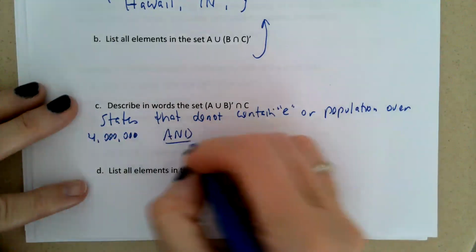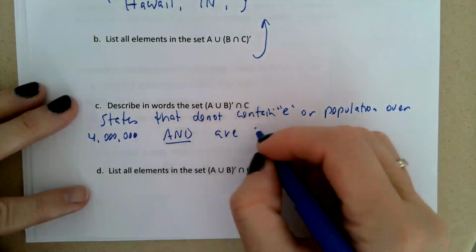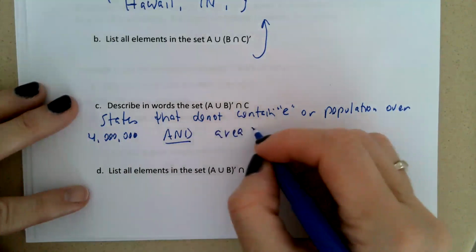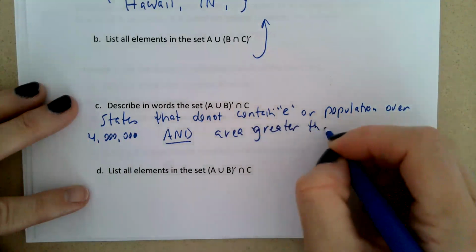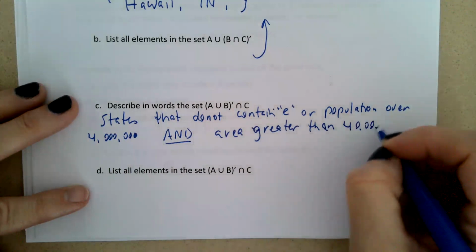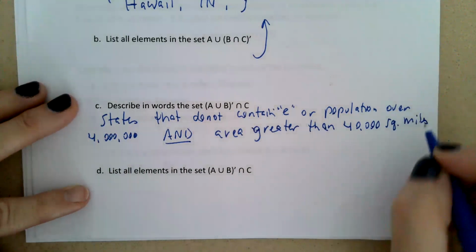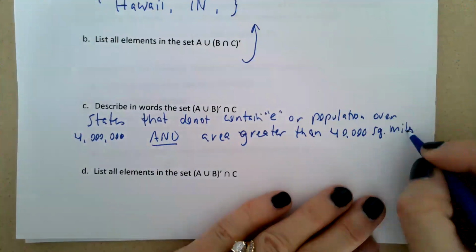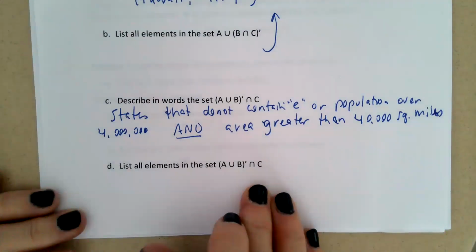And they have to have an area greater than 40,000 square miles. So now it says list all of those elements.